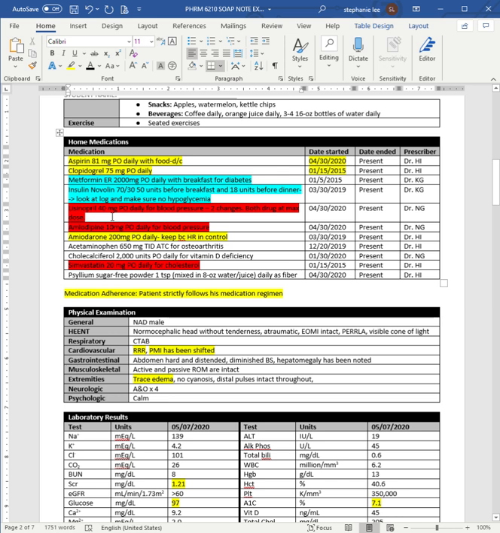The next thing I can do is add another medication. The next treatment in line is diuretics. Because of their heart failure, I went with spironolactone. So I did spironolactone 25 milligram once a day, and that was my initial management for this patient's blood pressure.